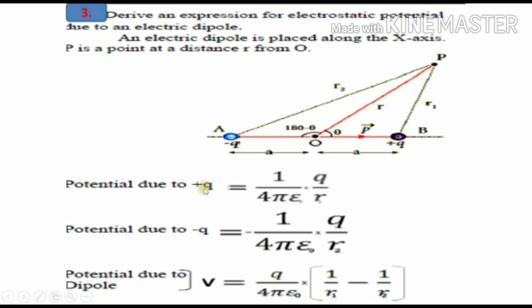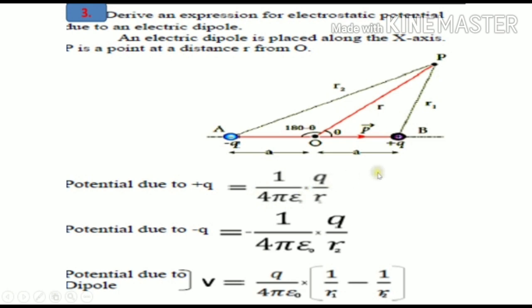Now the potential due to plus Q at the point P. The general formula is potential V is equal to K into Q by r, where r is the distance from the point charge to the point.